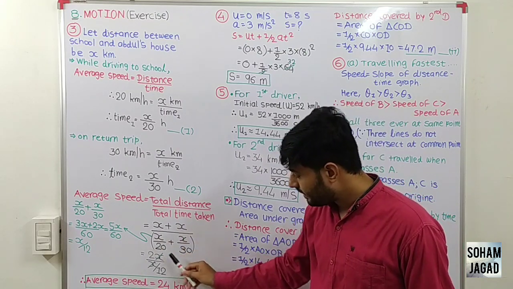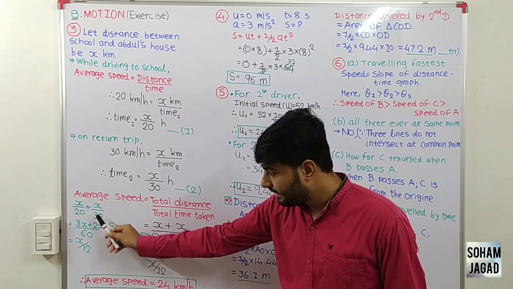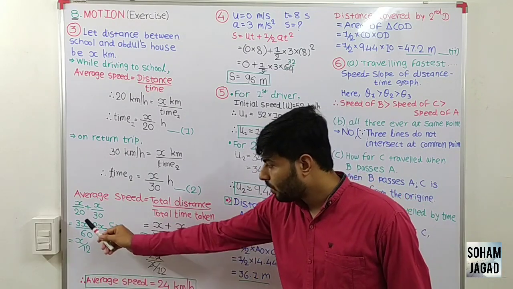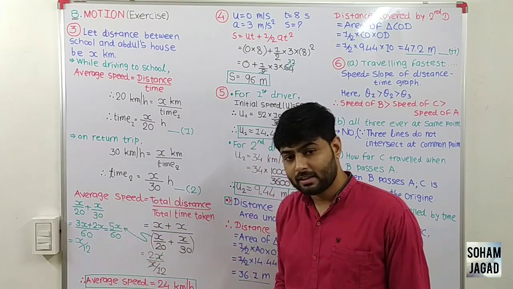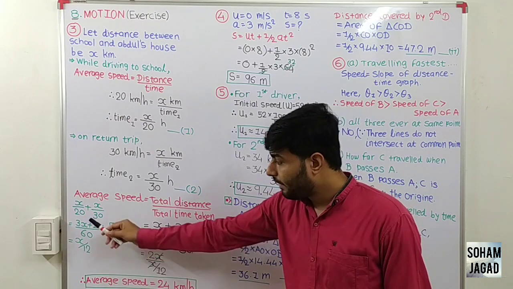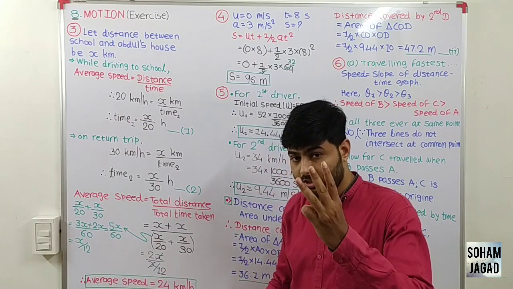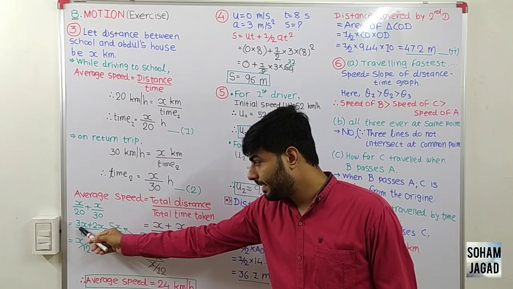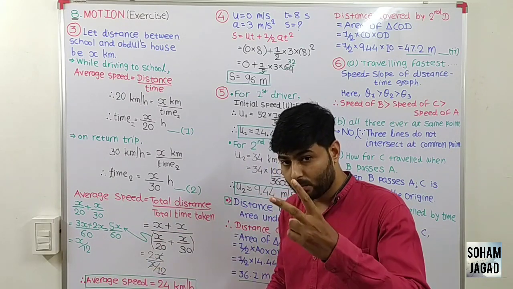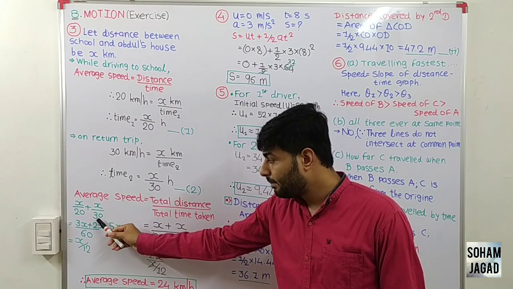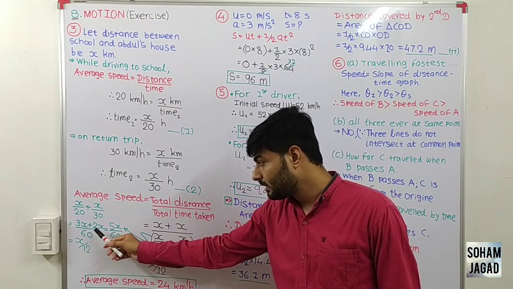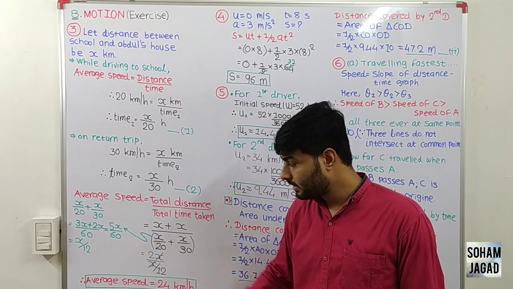For simplification, take the LCM of 20 and 30, which is 60. So I write 60. Here I have to multiply 20 with 3 to get 60, so I multiply 3x, and here I have to multiply with 2 to get 60, so I get 2x. For the numerator, 2x plus 3x is equal to 5x.